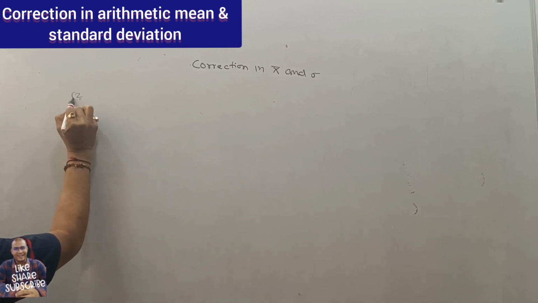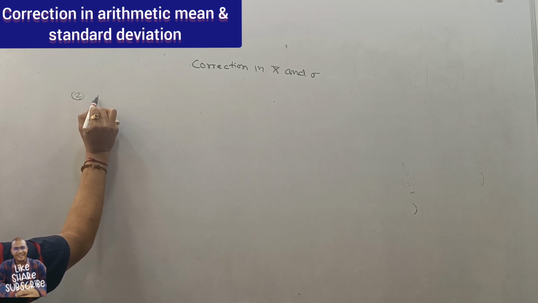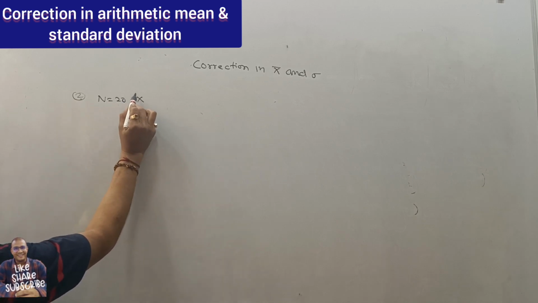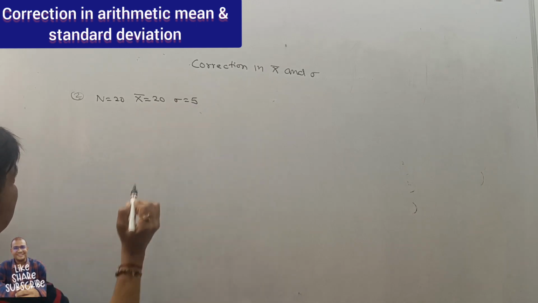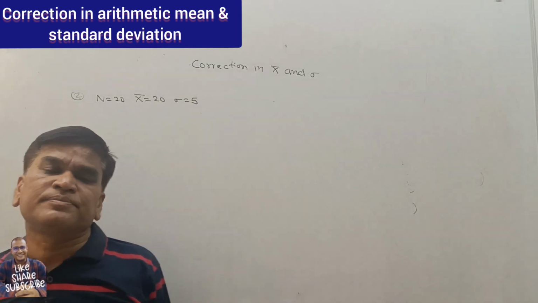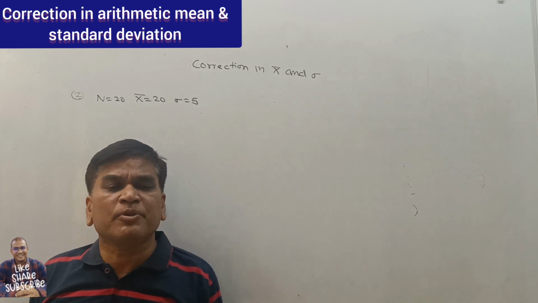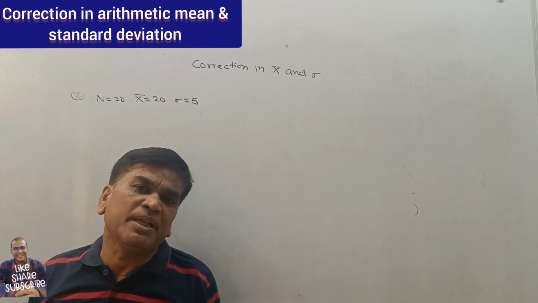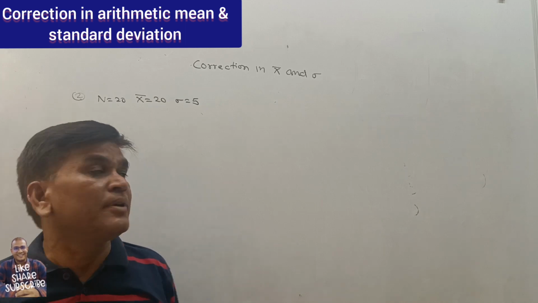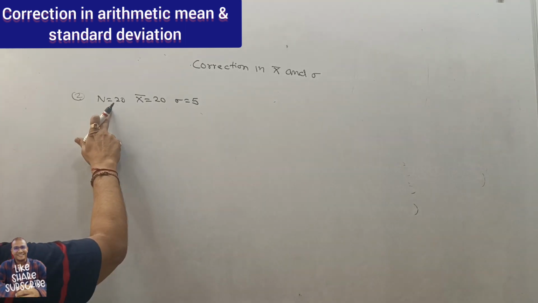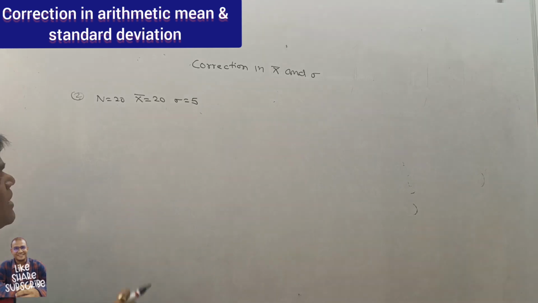What is the question saying? For 20 items, the arithmetic mean is 20 and the standard deviation is 5.